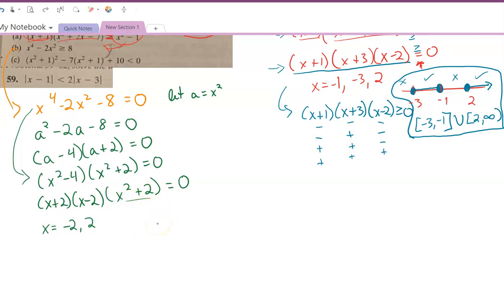We are, like I said, not dealing with imaginary numbers, so this factor does not matter, okay? It does not give us a new solution. So our solutions are x equals negative 2 and positive 2, but remember, this is with the false equal sign here. Okay, so we're going to do test points on a number line.